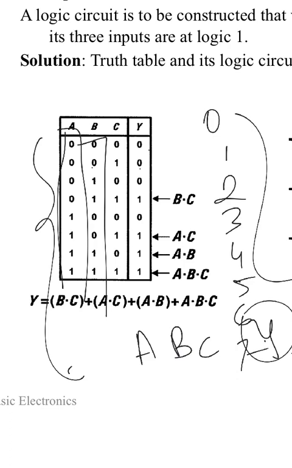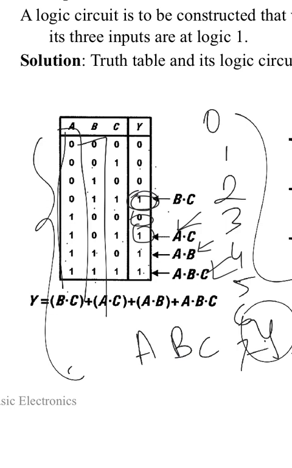For 0 0 0, the output is 0, and so on. Wherever the output is 1, we consider an expression with respect to that. So with respect to the first 1, B and C; with respect to the next 1, A and C; with respect to the next, A and B; and with respect to the last, A, B, C.